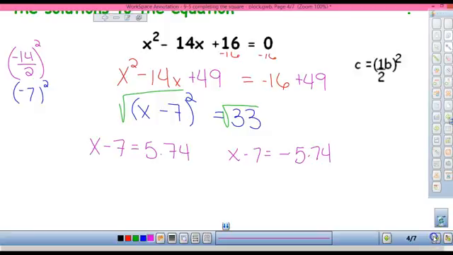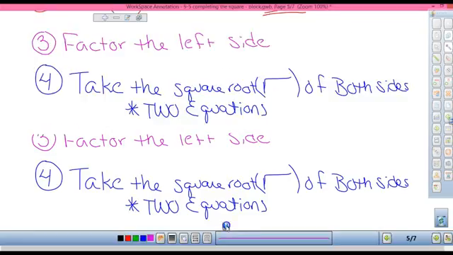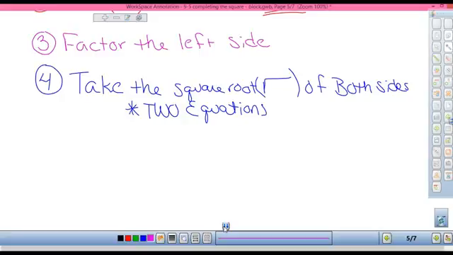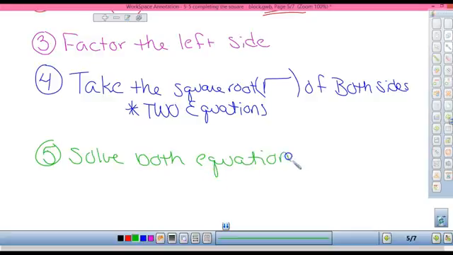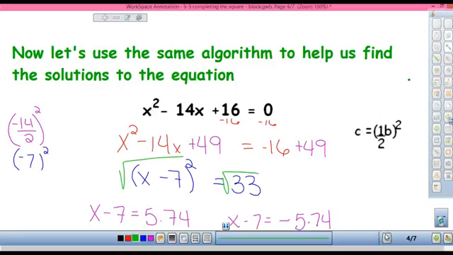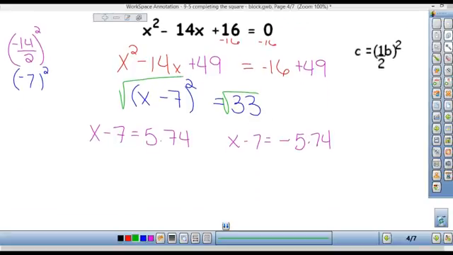In our last step, anybody tell me what the last step's going to be? Last step is solve both equations. So what do I have to do to solve this equation?